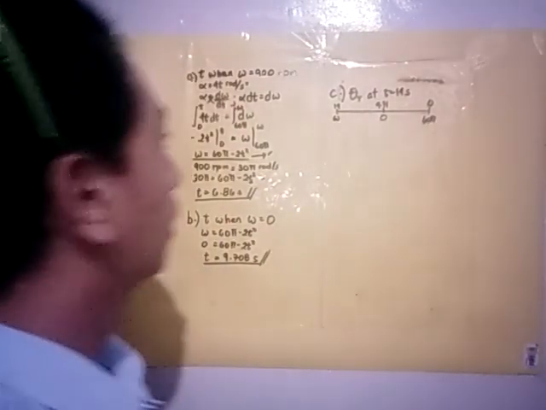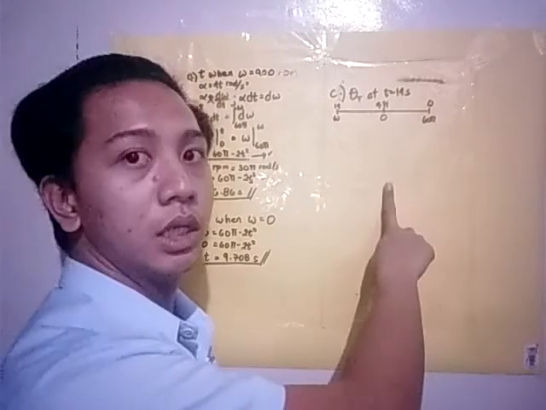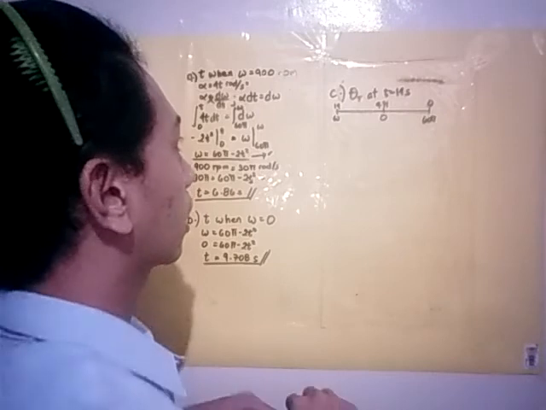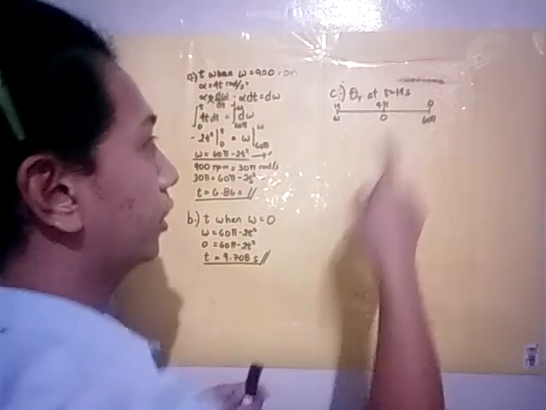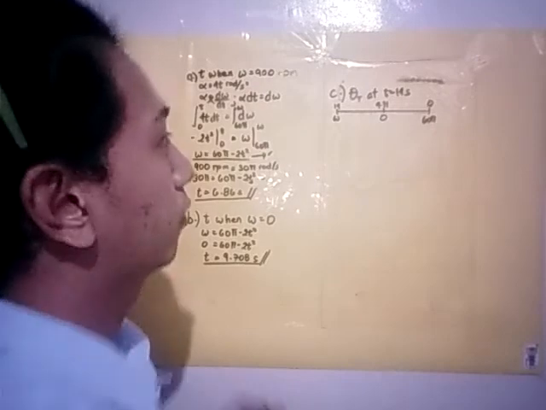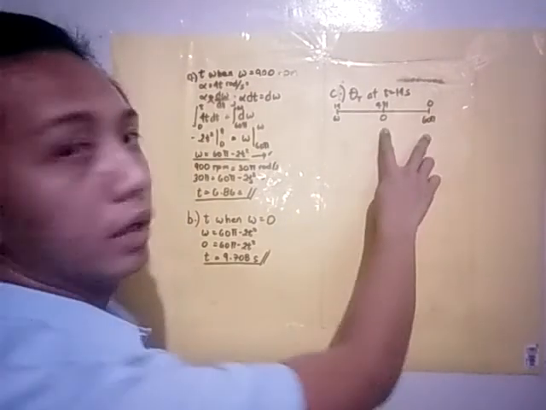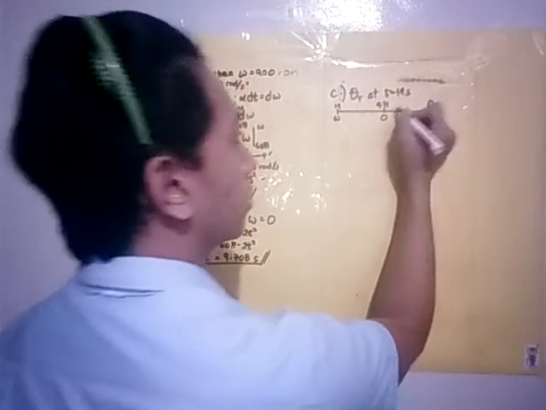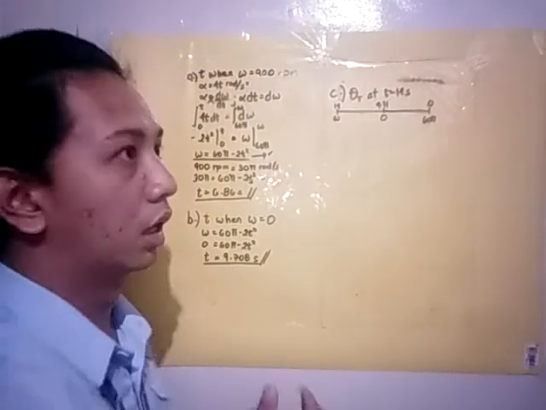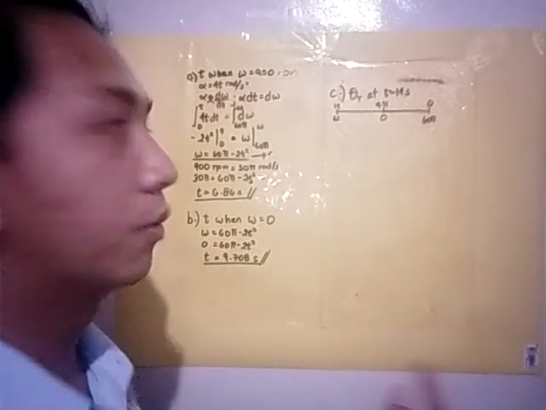So the question for us is to determine how many revolutions there are from 0 to 14 seconds. From this, we will see an interval, because in this part it is clockwise or counterclockwise rotation.